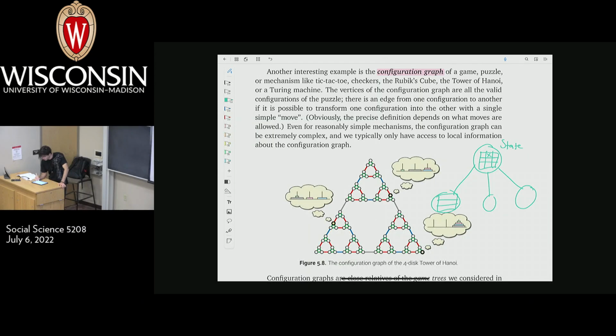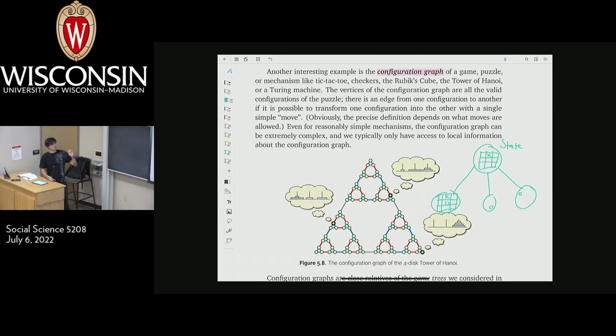So maybe the next player puts an O there, or the next player could put an O somewhere else, etc. So it's modeling all the moves that could be made and the valid board state in the next round after that move is made. So a configuration graph is basically modeling the gameplay dynamics.